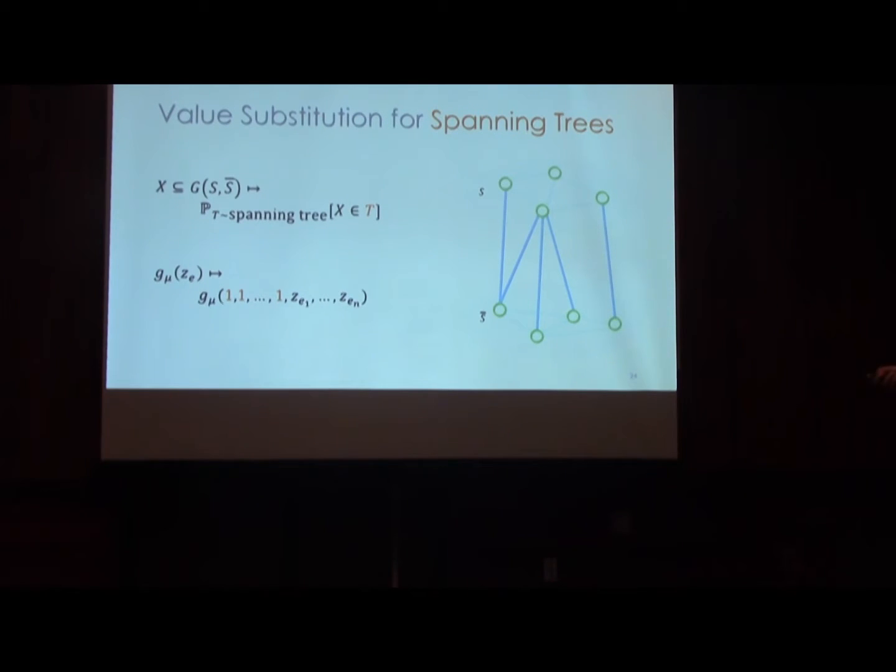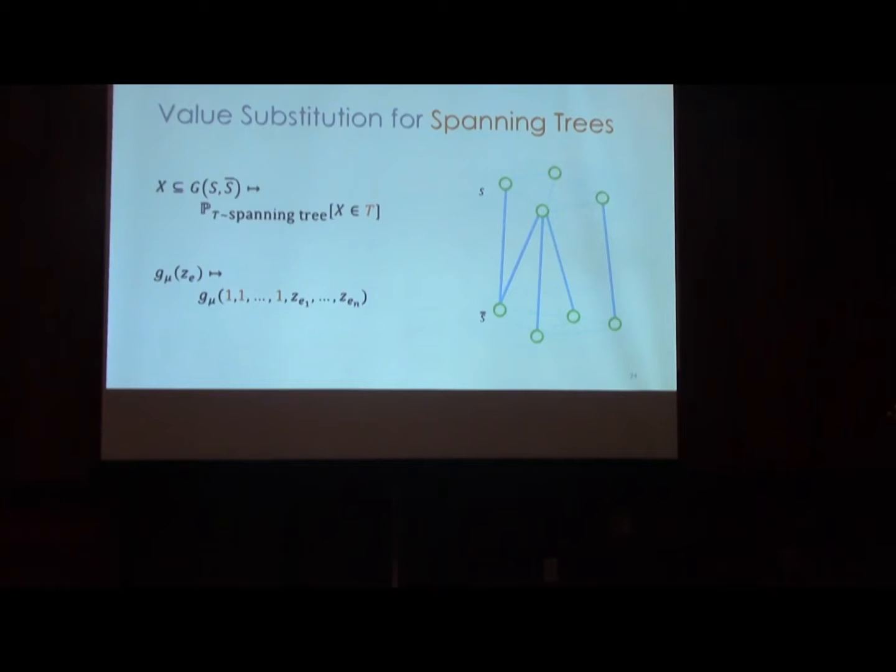So in particular, this says that if you have a graph and you pick any subset, such as the edges in a cut, and you look at the measure that assigns to each subset x of this cut the probability that the edges of the cut intersected with the tree are exactly x, that would be a strongly Rayleigh distribution.